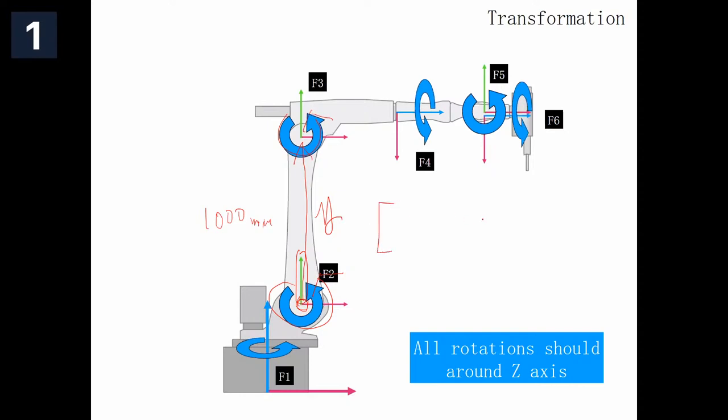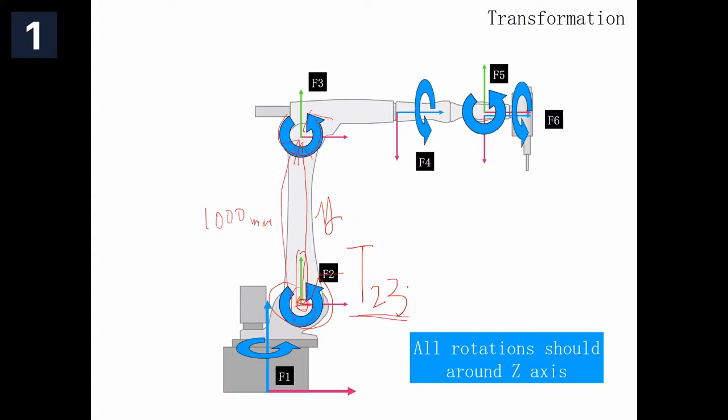So this is the rotation matrix multiplied by the move matrix. So we can combine them together into a transformation matrix. We call this T2,3, because this is 2, we move to 3.